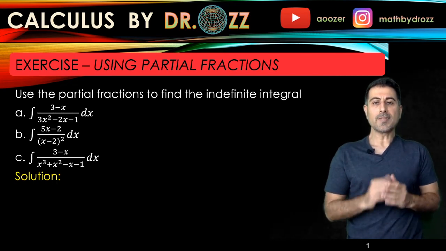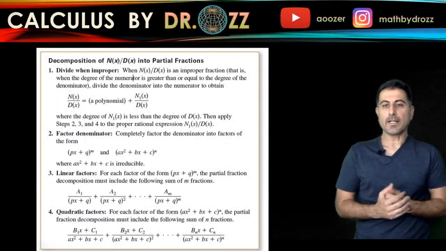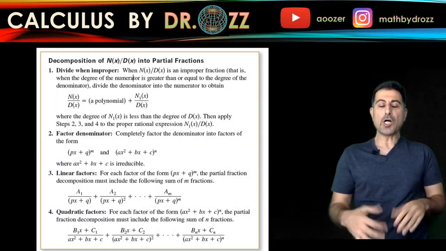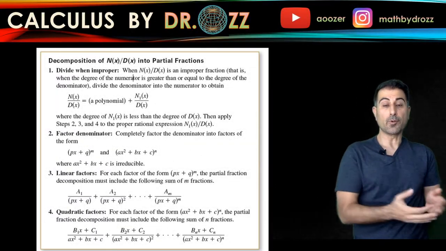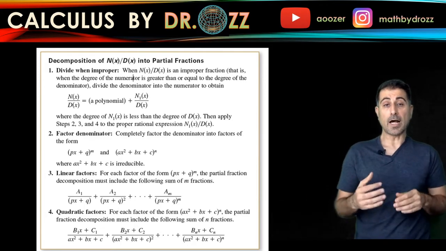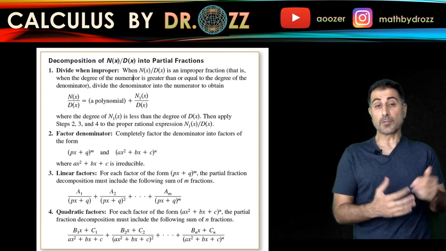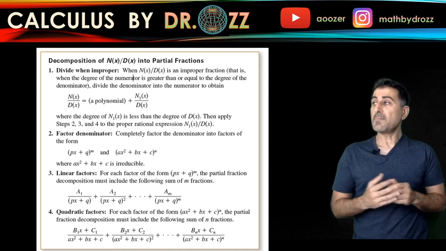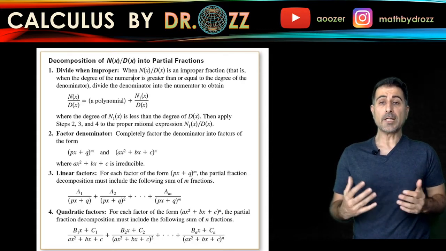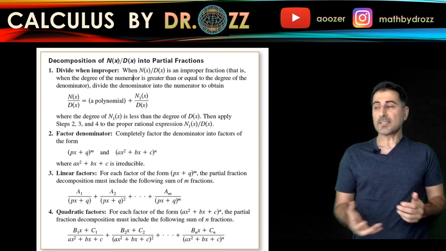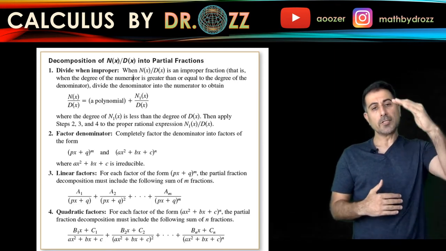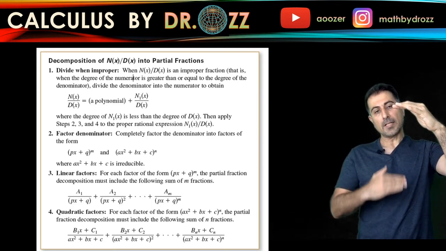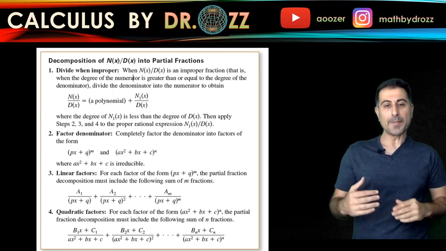Let me just tell you a few things about partial fractions before we get started. This is sort of our guideline to decompose rational functions into smaller linear or quadratic rational functions. So we may run into a few major cases. The first case is the improper case, where the degree of the polynomial at the top is greater than the degree of the polynomial at the bottom.